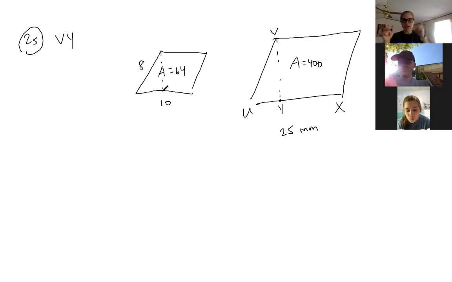Because remember, if I know the height of the first parallelogram, I can set a ratio with the height of the second parallelogram. But do I know the height of the first one? No, but you could divide 64 by 10. Okay. Why would we find the height of the first one if we could do that same thing with the second parallelogram to find the height?